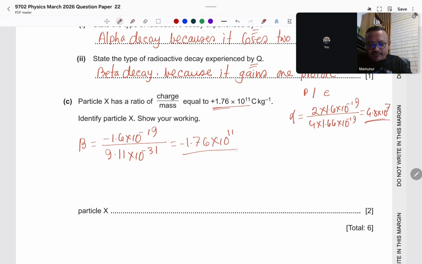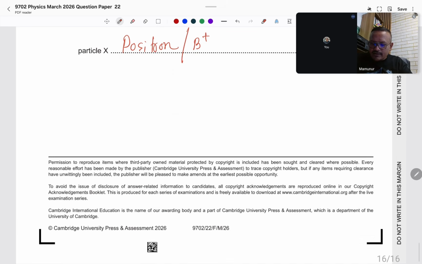Yes, this is the value, but the given one is positive and we got negative. So actually this is beta plus, which means a positron. Yes, X is a positron, or you can write beta plus decay.